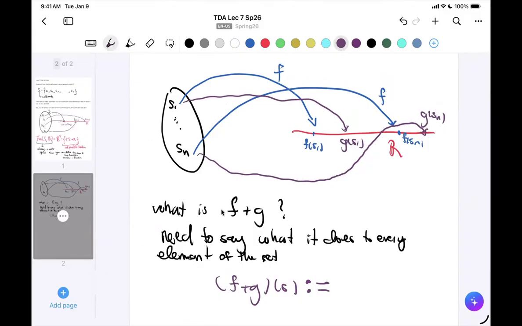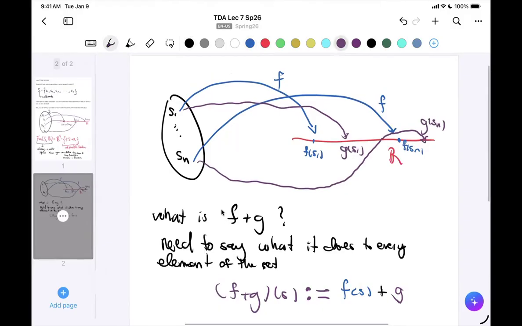All I'm saying is that the way I'm defining f plus g, I have to say what I mean by f plus g at an element s of the set. So I'm just going to define that as f of s plus g of s. Sorry, this one should have been in red.